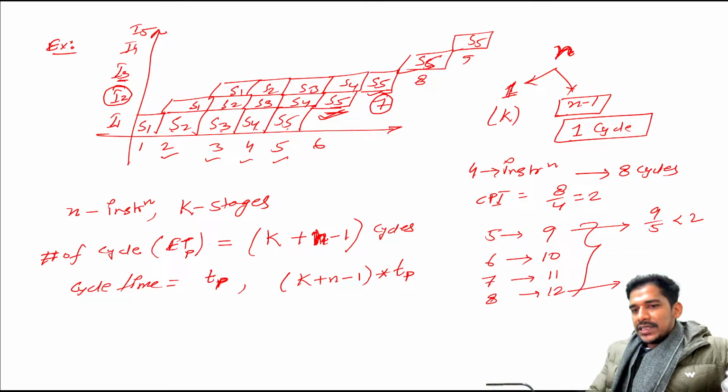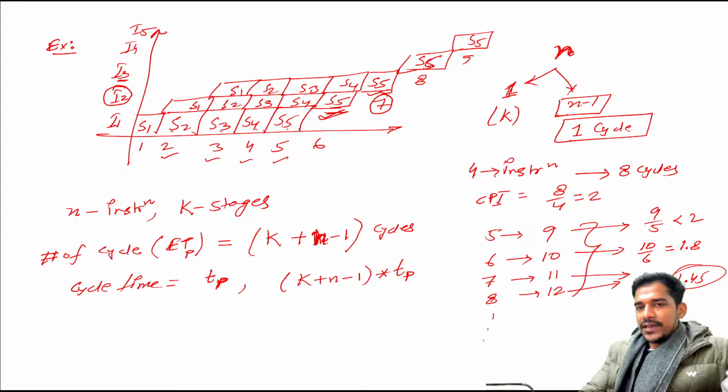Then 10 by 6 is about 1.8, and 12 by 8 will be even less, about 1.5, something like this. So CPI will keep decreasing as the number of instructions increases.